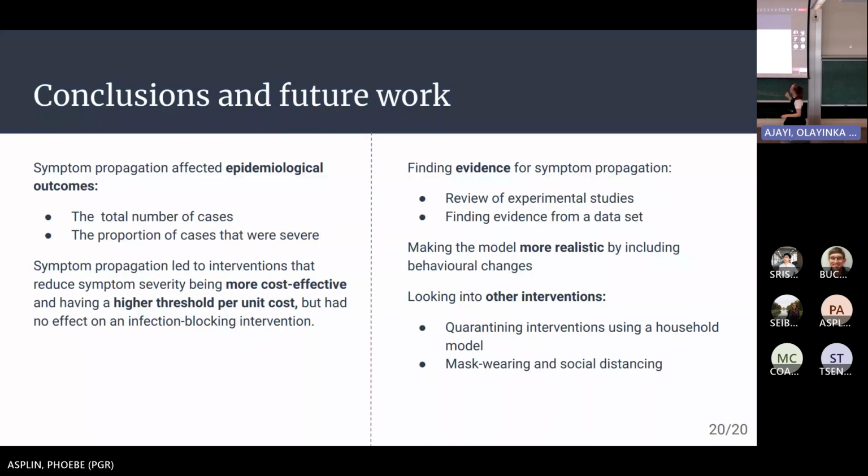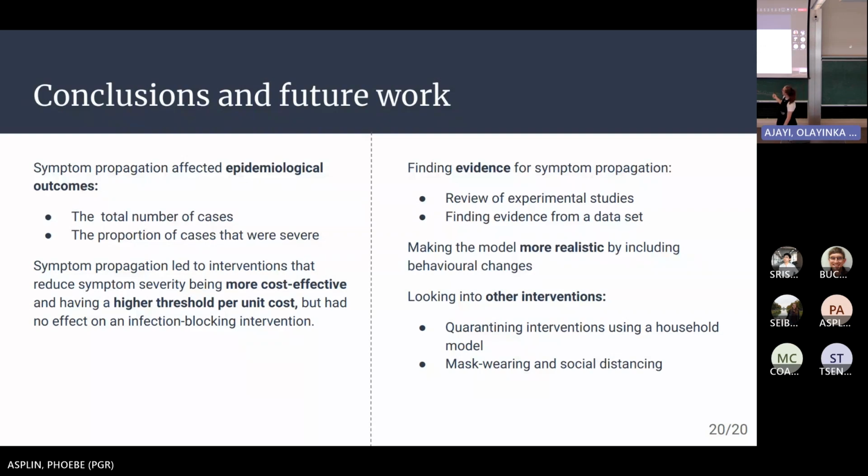The other thing I want to do is make this model a bit more realistic. Because you might have noticed that the proportion of cases that are severe was really, really high, which is maybe not realistic. And I think that's because when you have severe disease, you're more likely to change your behavior to go out less, especially in a pandemic situation. If you're dying in your bed at home or you're coughing everywhere, you're not going to pop out to the shops.